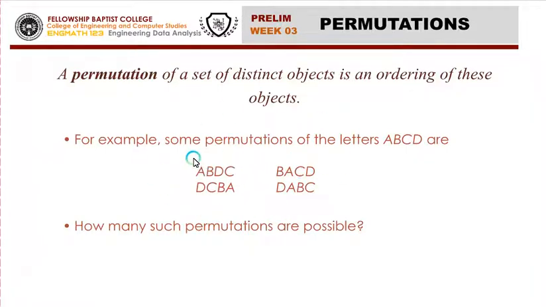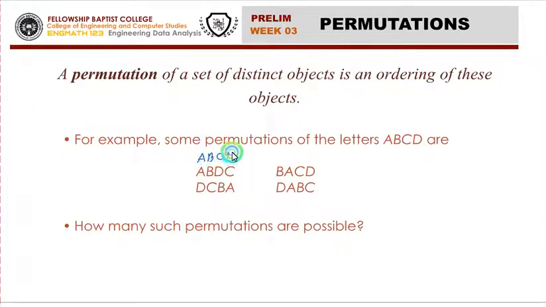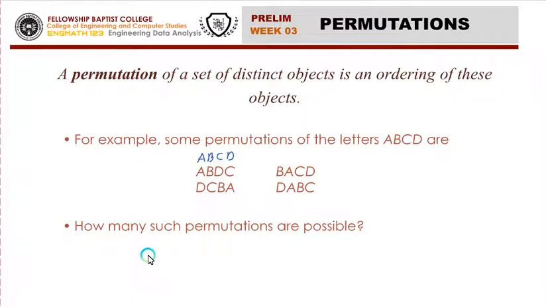Even if you have A, B, C, D, it is different from the order A, B, D, C, even though they have the same specific elements, the same content, the same letters inside. If the order of the letters is different, that is a different permutation. Usually the question is how many such permutations are possible.